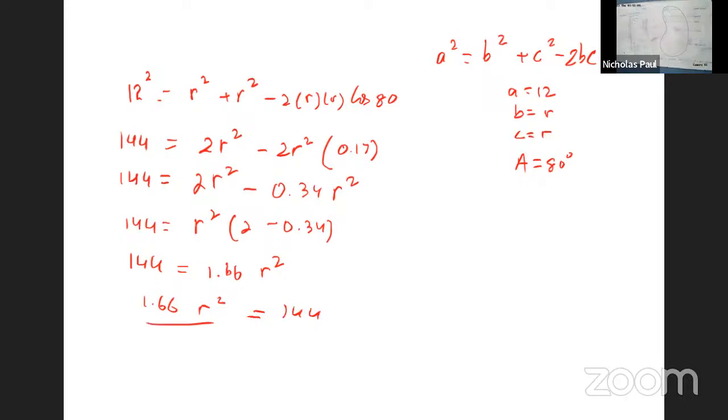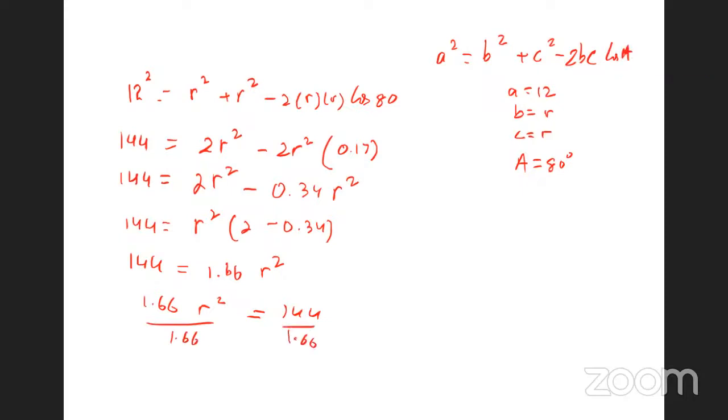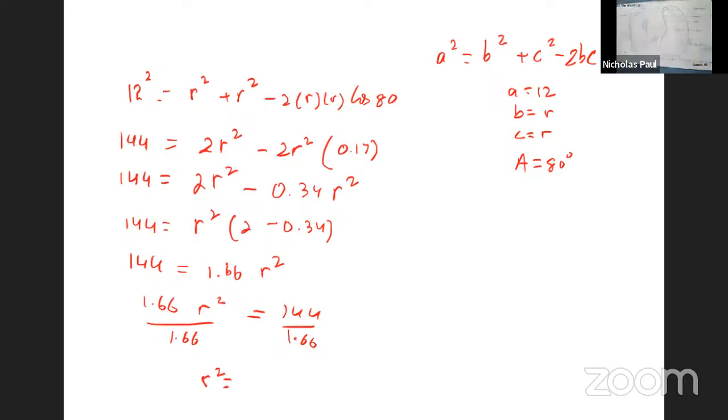Divide by 1.66. We'll get R squared is 144 over 1.66, and then you'll square root here. So it means that R is equal to the square root of 144 over 1.66.